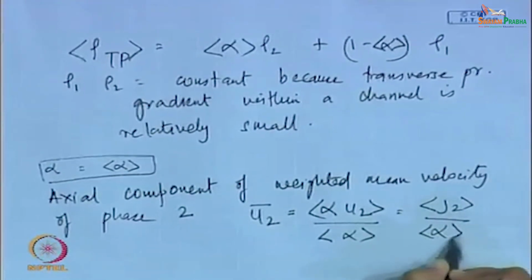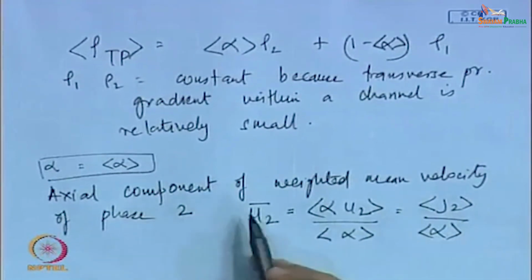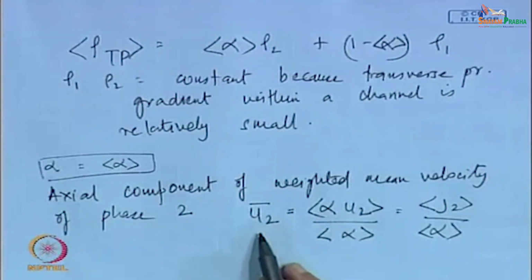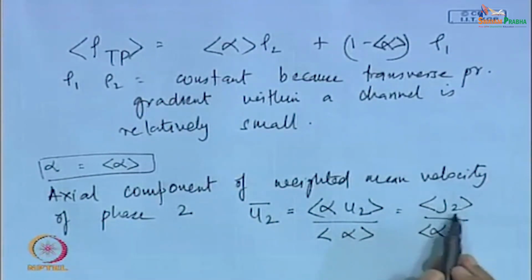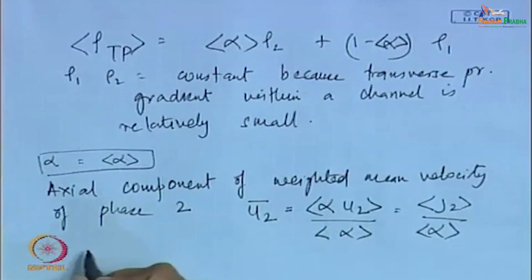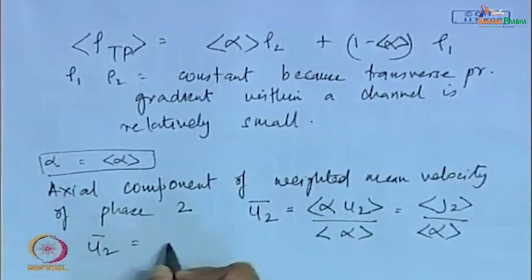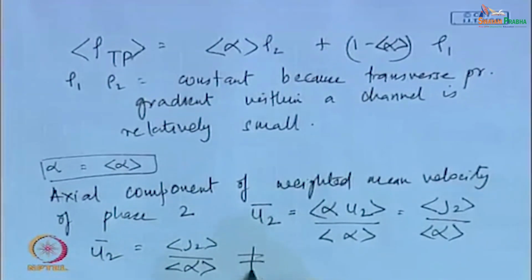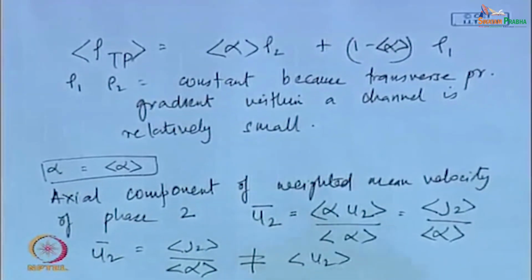So, therefore, please remember that the axial component of the weighted mean velocity of phase 2, U2 bar, is the average J2 divided by the average alpha. Please remember, this is not equal to average U2.